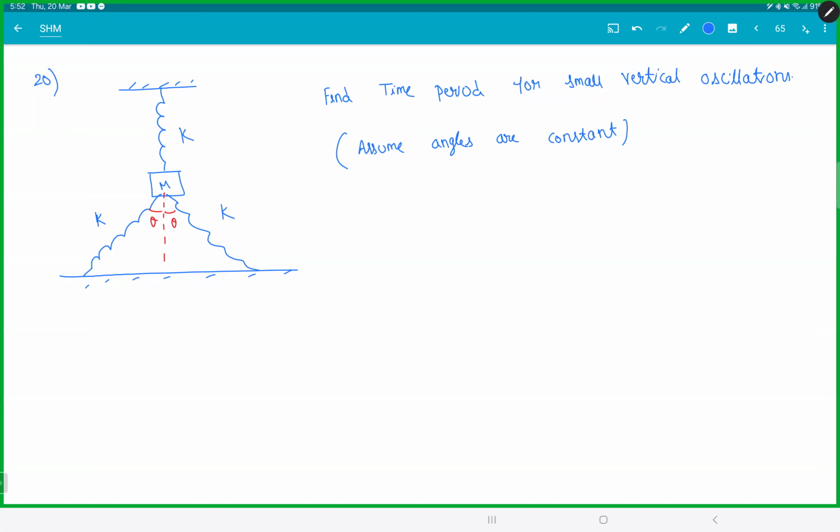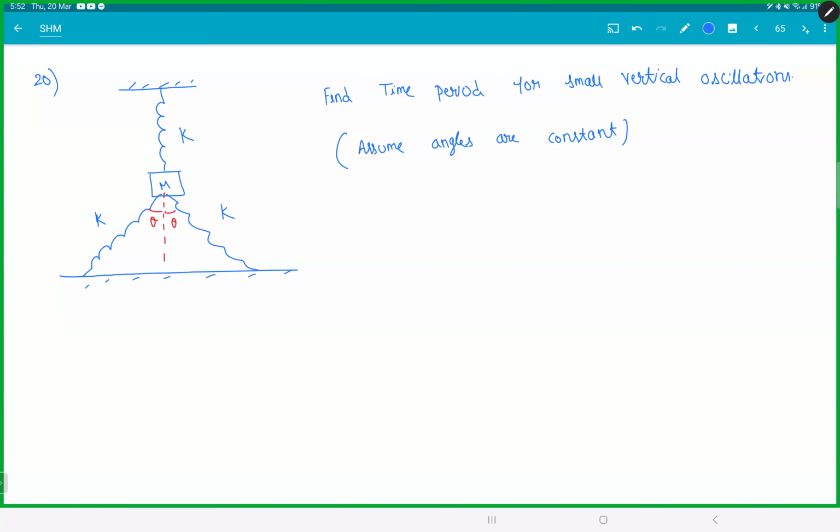This is a standard equation. How do we proceed with this?